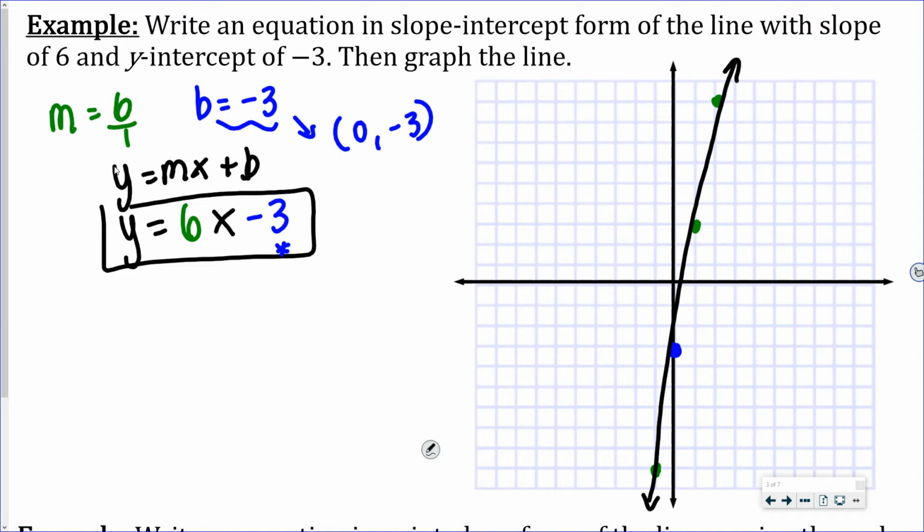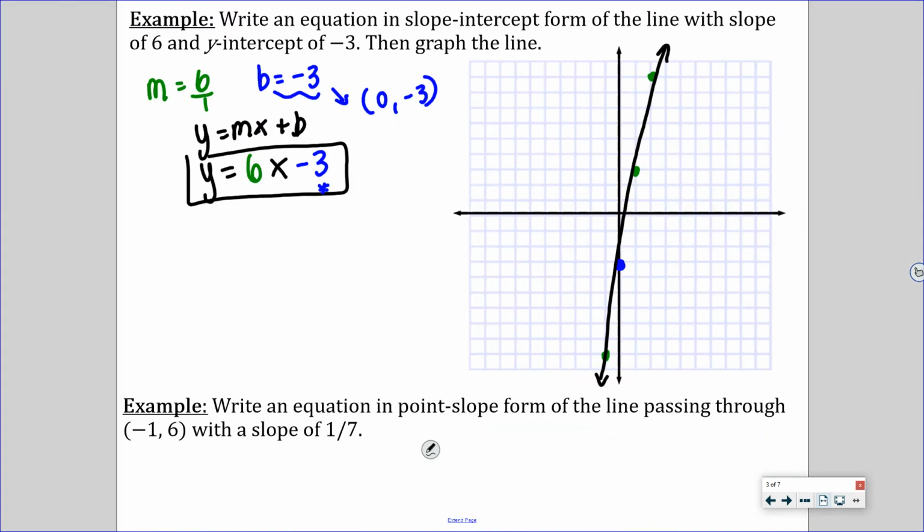A lot of times students will forget, do I go up and left? Do I go down and right? Sometimes that can be confusing. Just graph your slope and then ask yourself, does my graph make sense? Would my slope dude be going positive up this hill? Yeah, that's a pretty steep hill too. And remember, the bigger that rate of change is, the steeper your line will be.